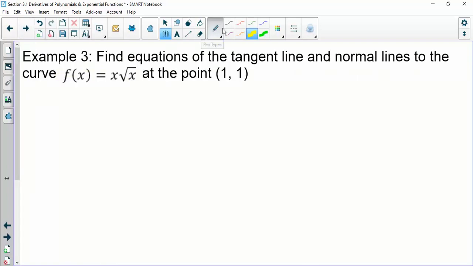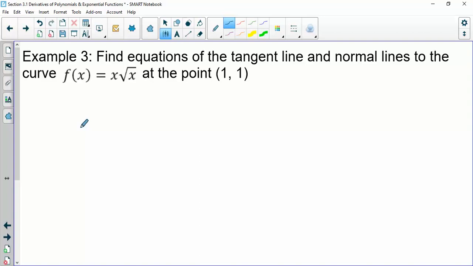So let's try one. I want the equation of the tangent line and normal line to the curve f of x equals x radical x at the point (1, 1). First, no matter what, I have to get the derivative.